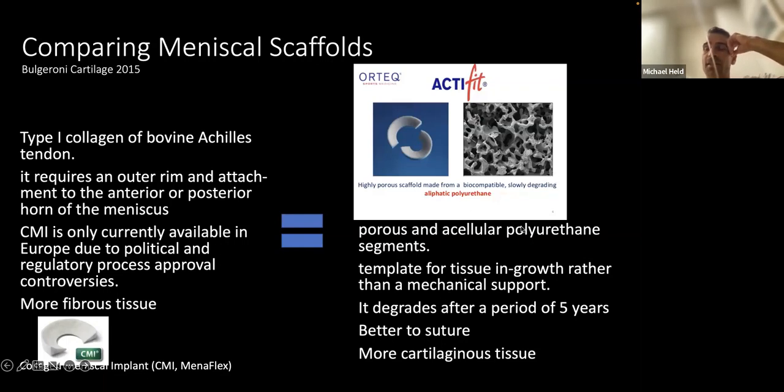And this ActiFit is a polyurethane, and it's basically a way for the collagen to grow into, and for the cells to find their feet in that urethane template, and then create some meniscus-like structure in there. But it's just to basically buy yourself 3 to 5 years, and then after that, usually you have to debride it.